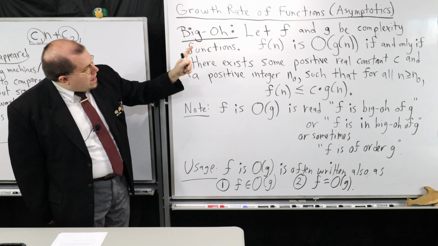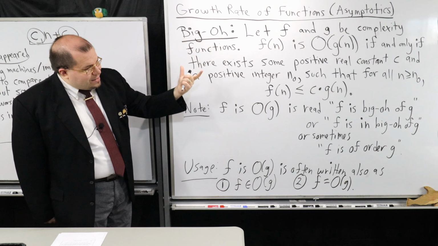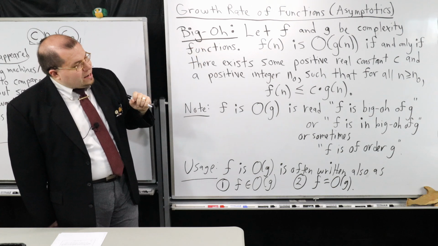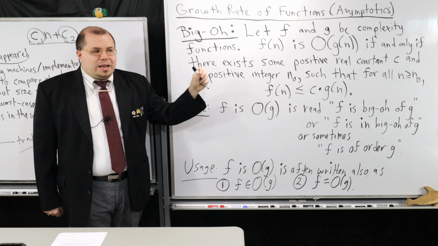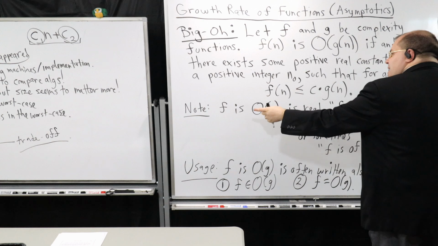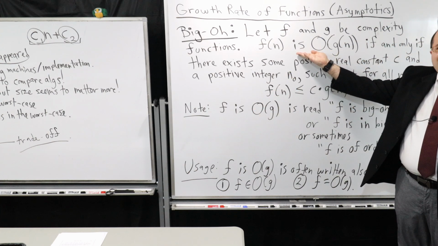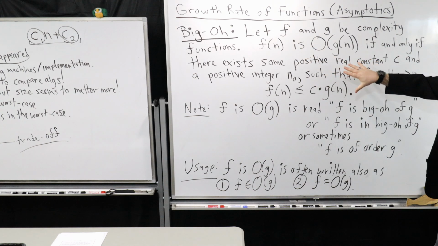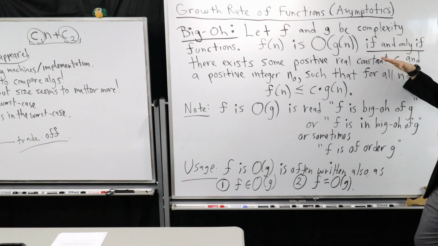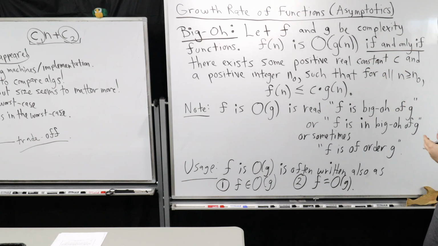I tell you that f is big O of g if and only if whatever comes after it also is true. That's what if and only if means. Likewise, if f is not big O of g, that means whatever's coming after this if and only if also has to be false. So it's an equivalency.